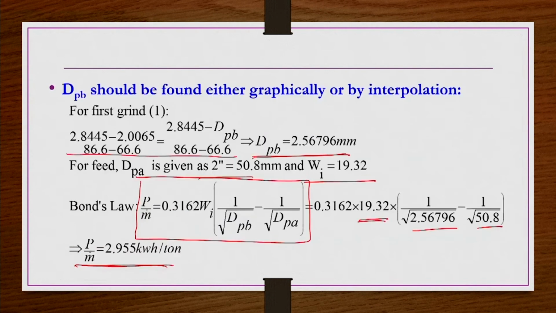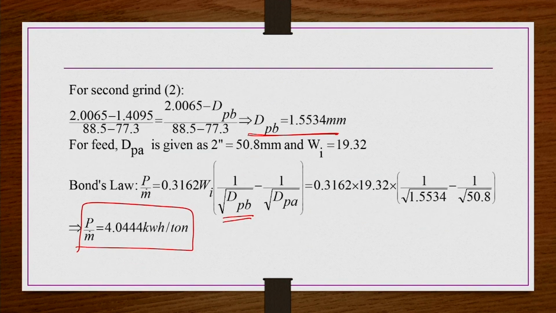So, that means in the first grind, the power requirement is less, close to 3 kilowatt hour per ton, whereas in the second case, by reducing the clearance between the crushing head and the cone, you are getting more fines. In such a case you need to provide more power. So, almost 4 kilowatt hour per ton.